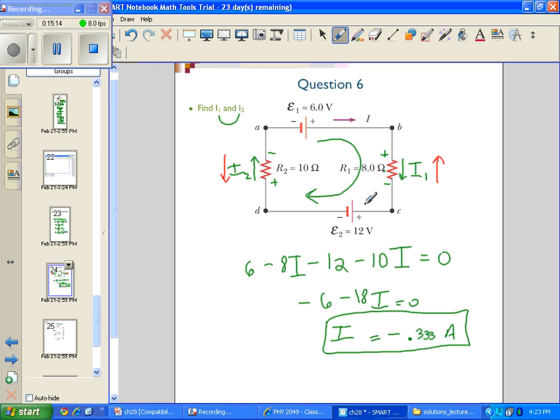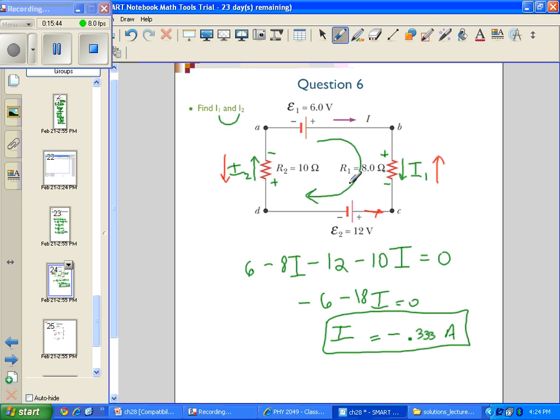And in fact, if we look at the two batteries, you can see that E2, having a value of 12 volts, is driving the direction of the current through each element, since it supplies greater voltage than E1. So the current through this loop, in fact, flows out of E2, up through R1, doesn't interact at all with this battery, but downward through R2.